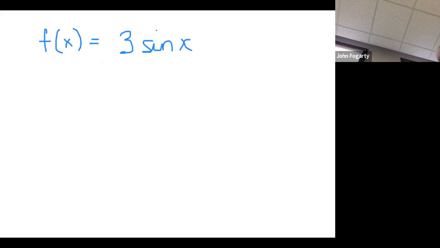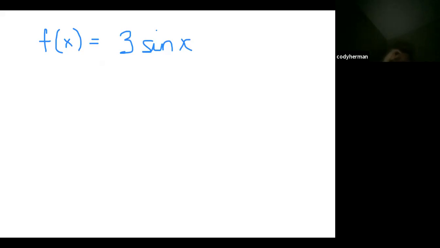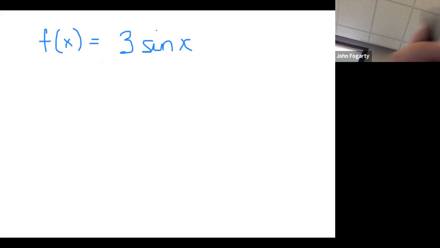All right. Let's look at the next one. f of x equals 3 times the sine of x. Cody, what did you get? Negative 3 cosine x. Negative 3 cosine of x? Yes, sir.